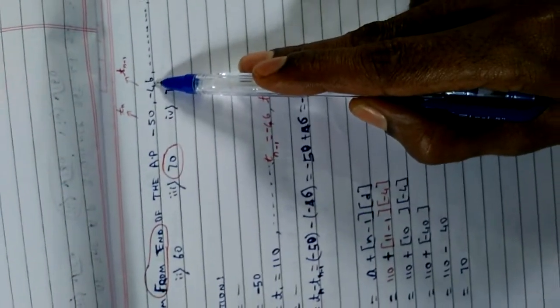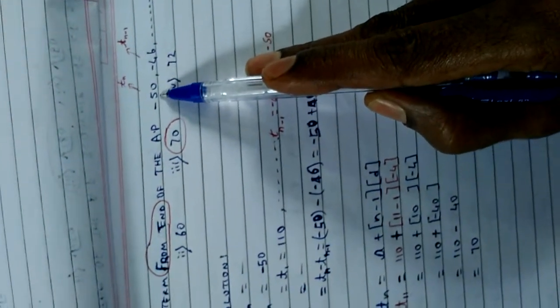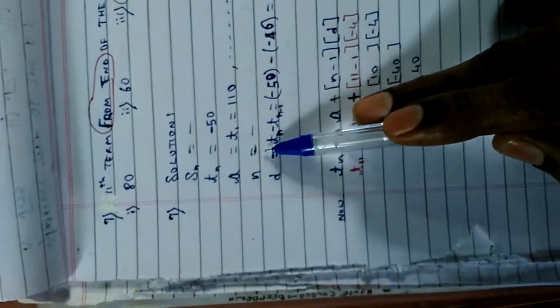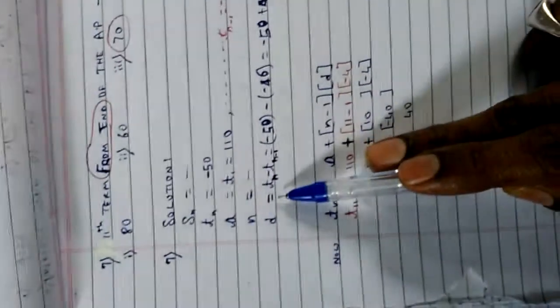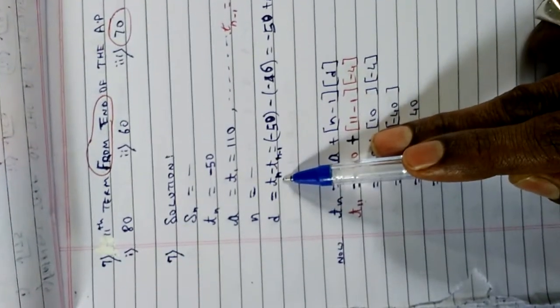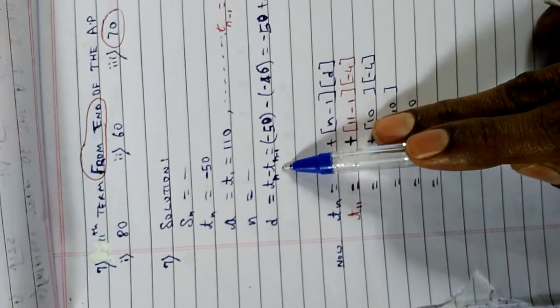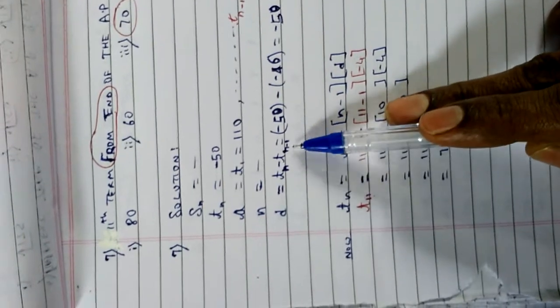Minus 46 will be the second last term, and minus 50 will be the last term. We then write T1, Tn minus 1 and Tn. We find a difference between the consecutive terms. We normally write T2 minus T1.